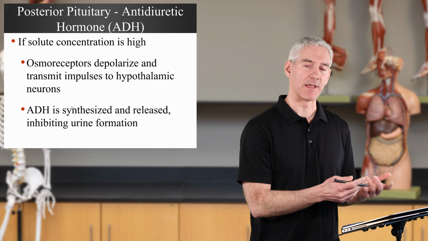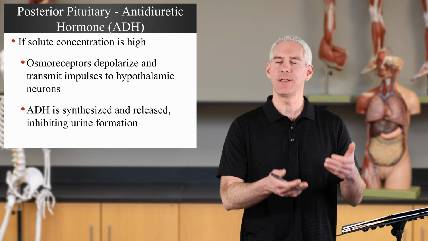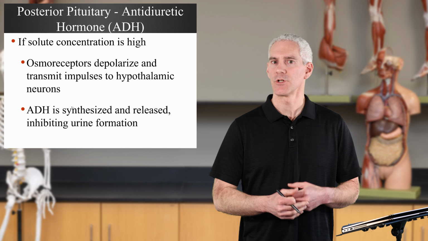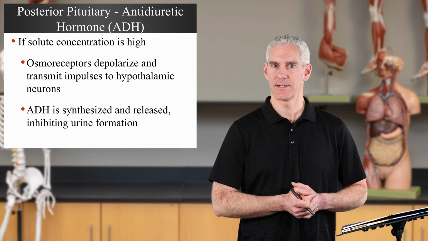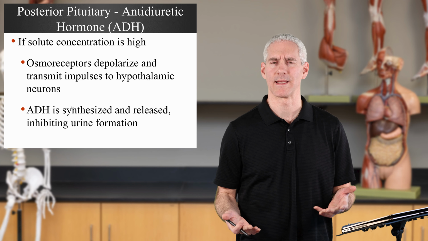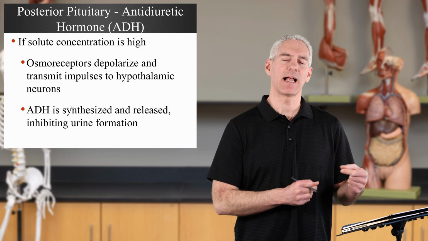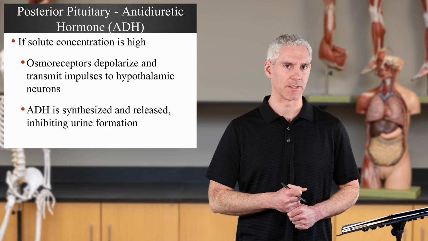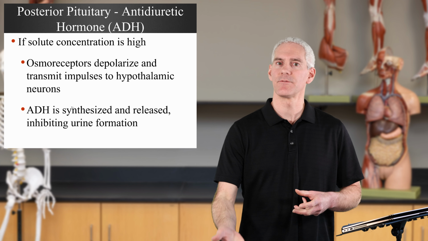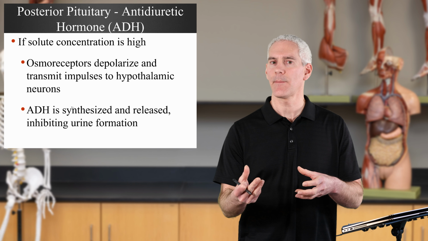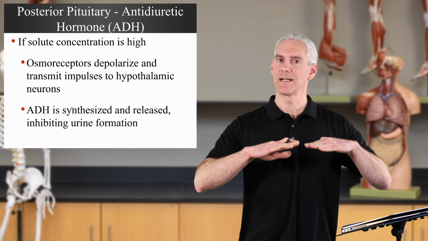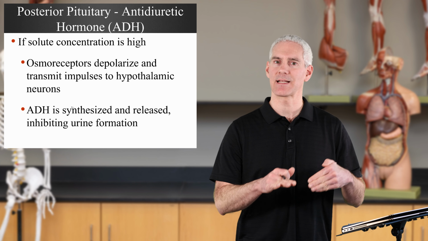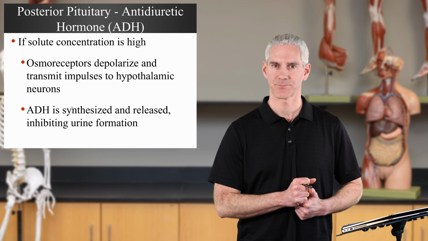So if we're thinking about this one, we're going to inhibit more urine formation, trying to conserve fluid and result in more concentrated urine. You might say, well, hold on, why? If your solute concentration is high in your blood, by conserving more water, it helps to dilute that blood, lowering the solute concentrations back down to homeostatic levels.